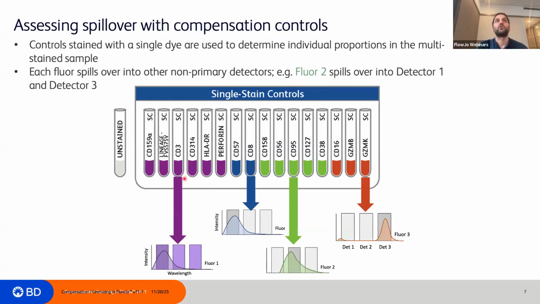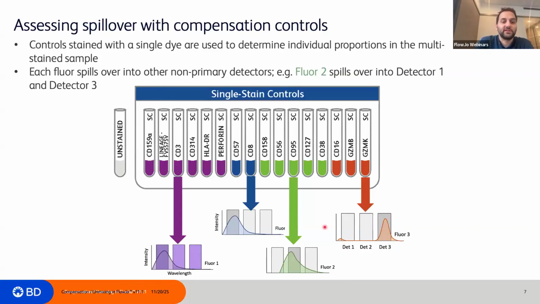Some fluorochromes are spilling more, like here, for example, fluorochrome number 2, you see it emits to all other detectors too, but others are less problematic, like fluorochrome 3 here. You see we have mainly signal on the primary detector, but very little signal in other detectors.